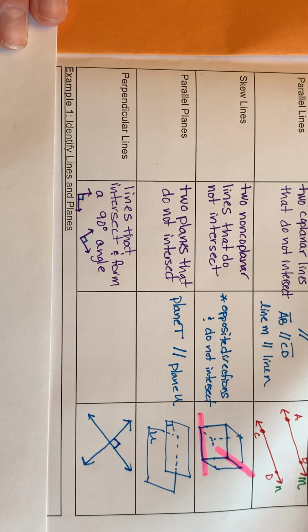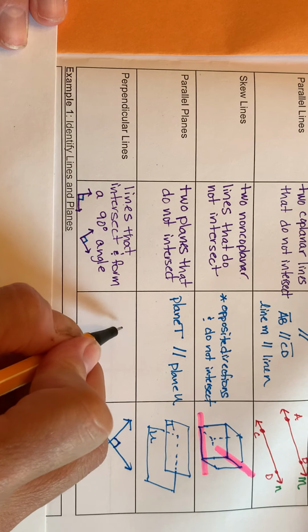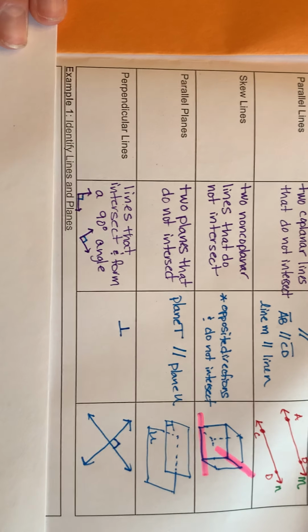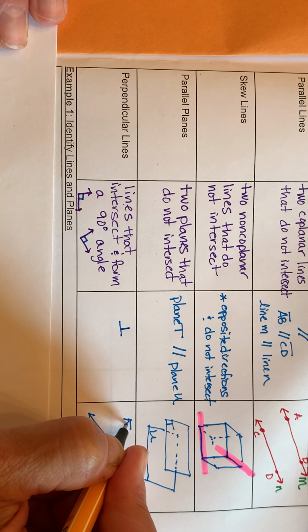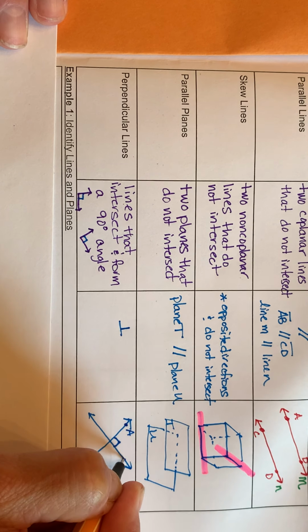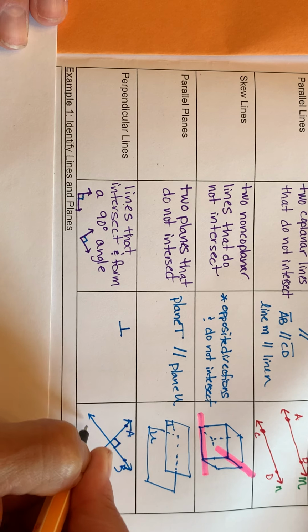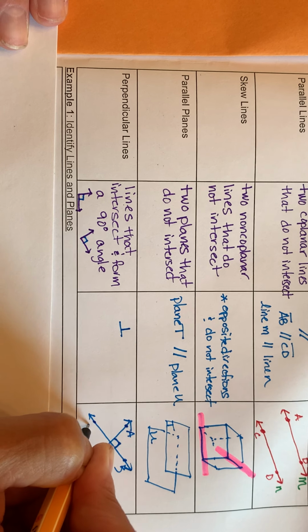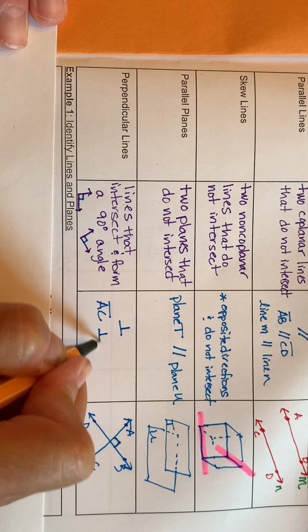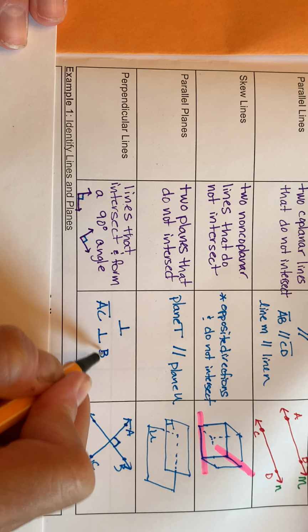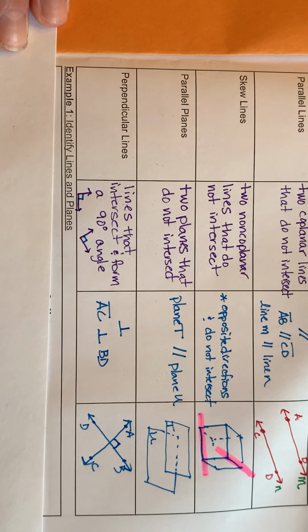So that's a picture of perpendicular. The symbol for perpendicular looks like that. If I were to label these A, B, C, and D, I could say that line AC is perpendicular to BD.